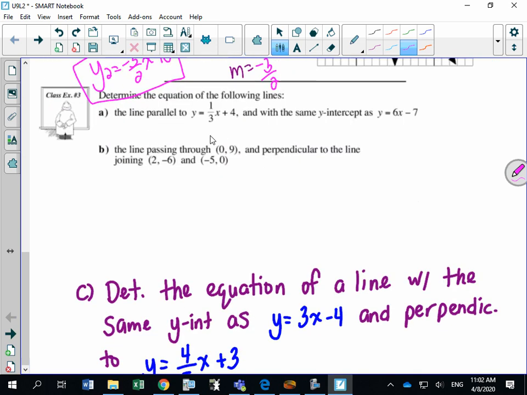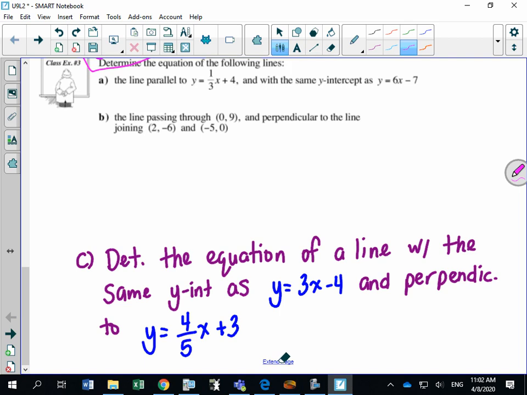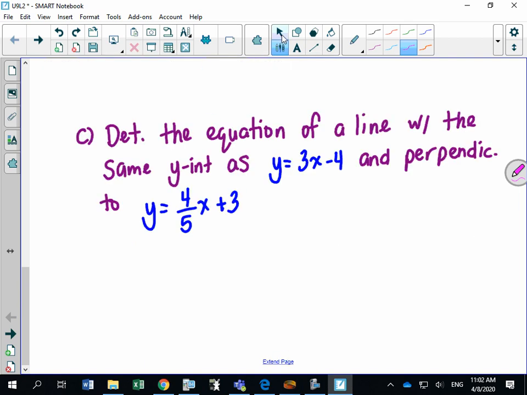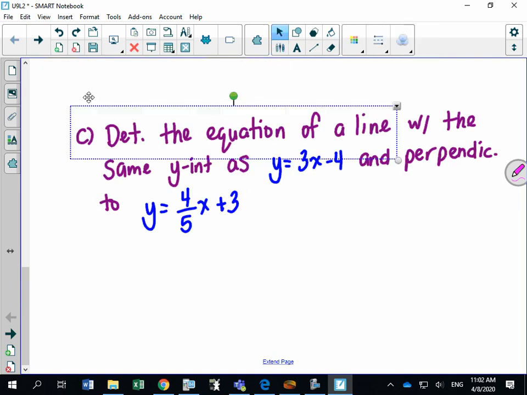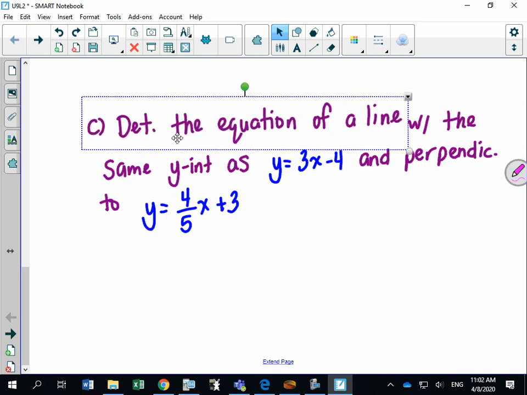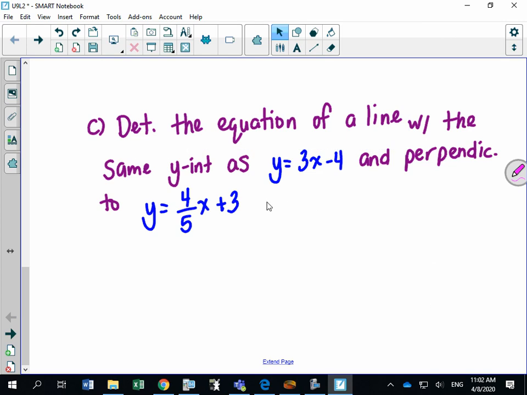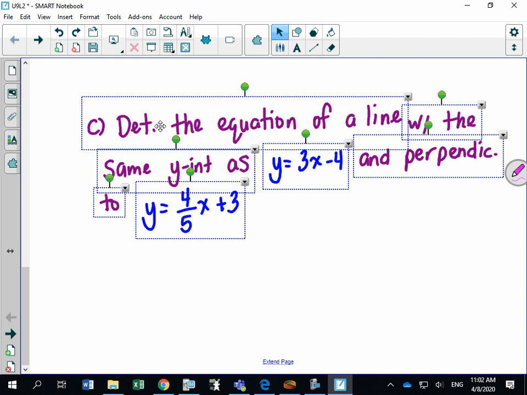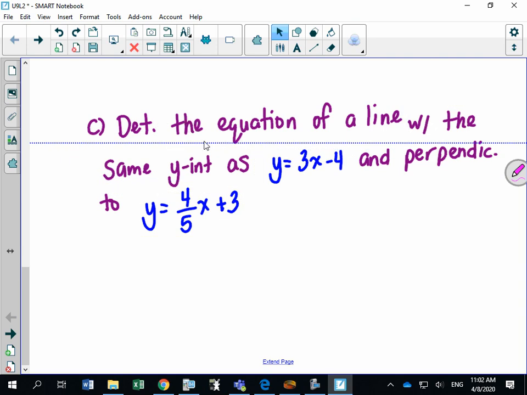Okay, for number 3, I'm going to do A and B with you. This will actually be our last class example. So I'm going to do A and B with you, and then I'm going to get you to add C. You won't be able to do all of the homework questions unless, let me see if I can move this down a bit.